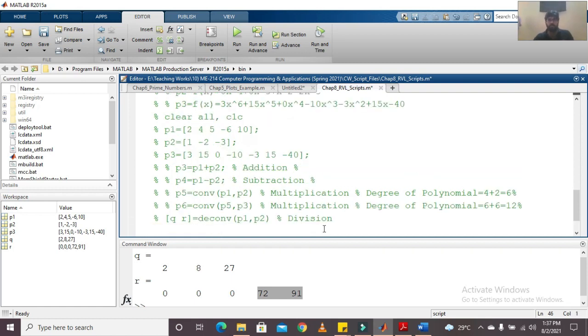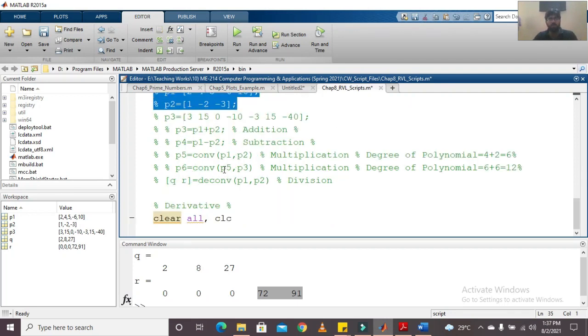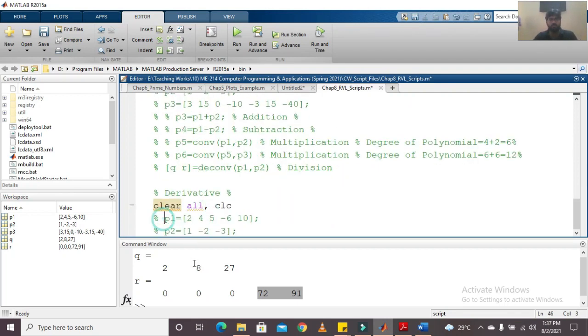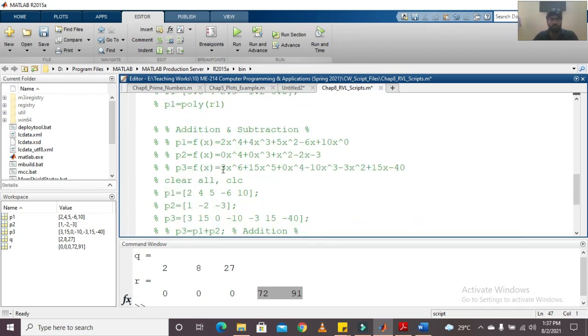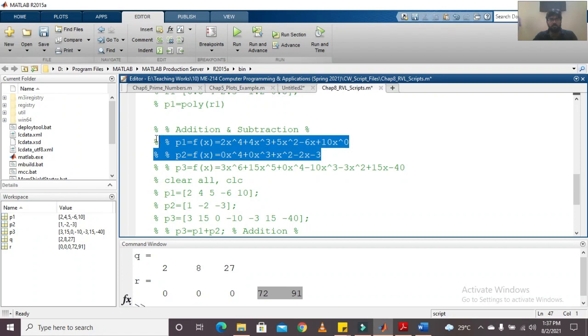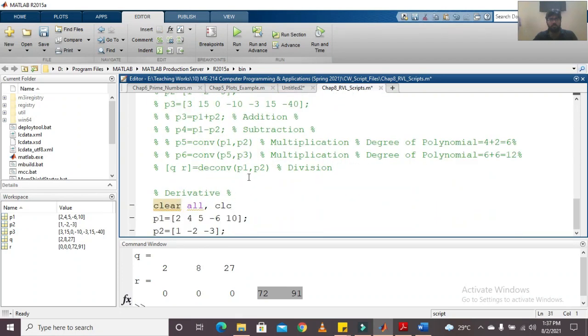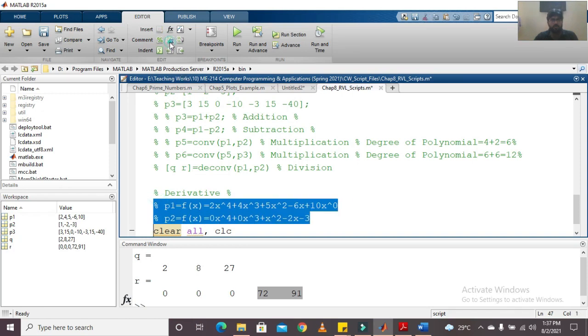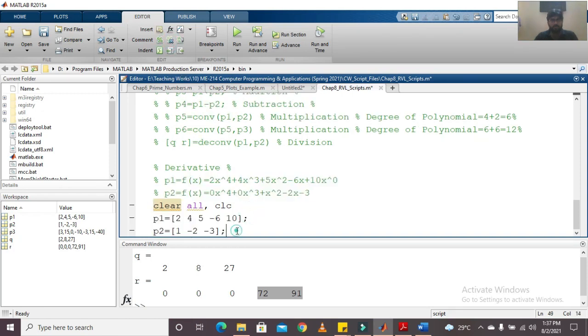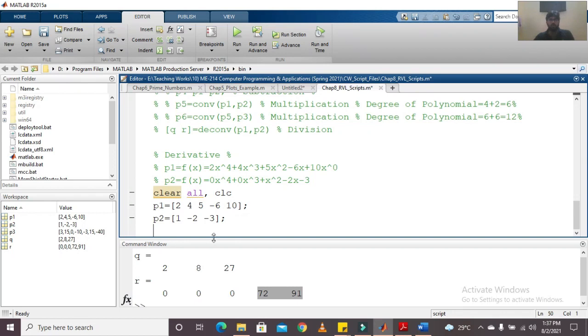So again, let's say I will use the same polynomials P1 and P2. These were my polynomials. So I want to determine the derivative of, let's say, P1 and the derivative of, let's say, P2.